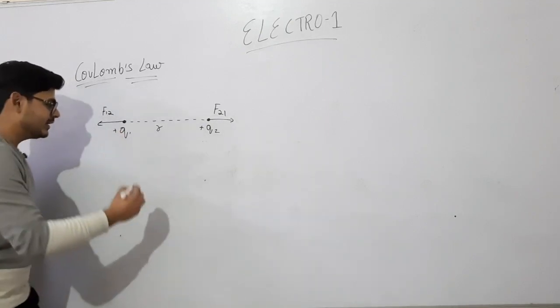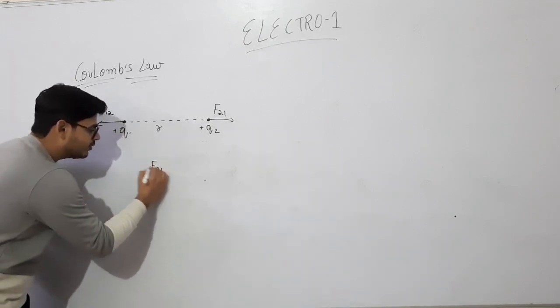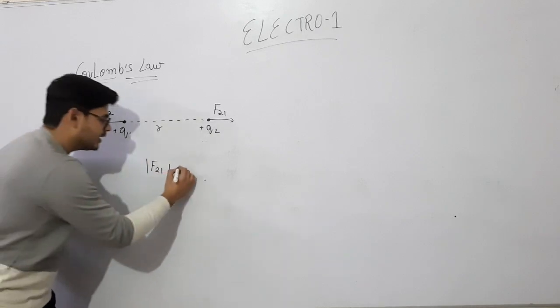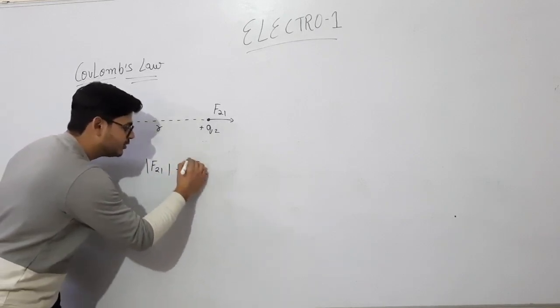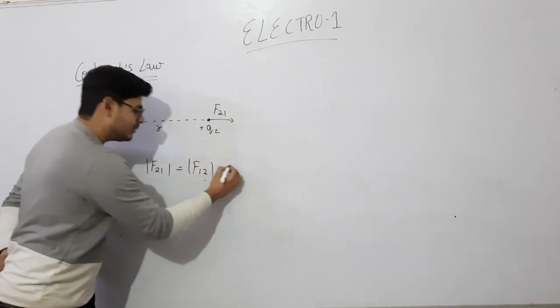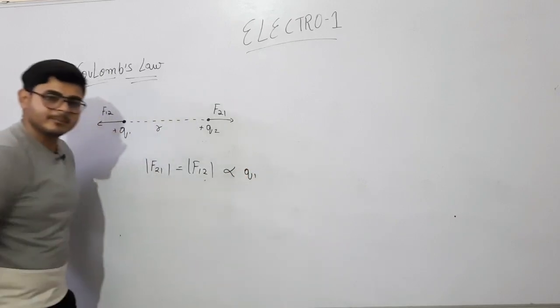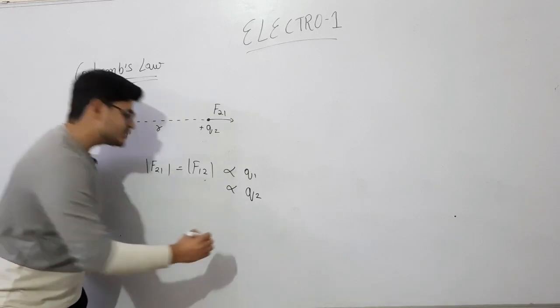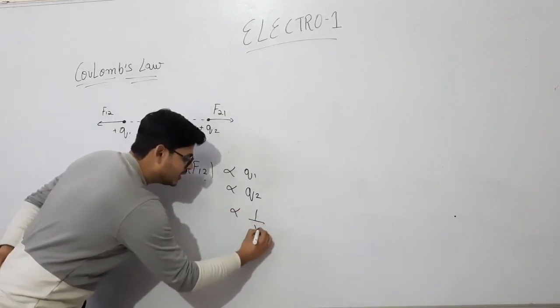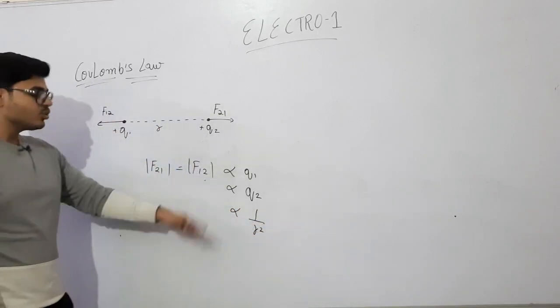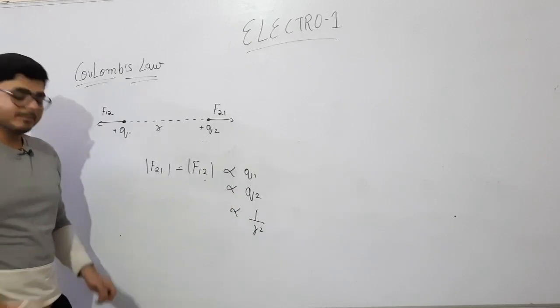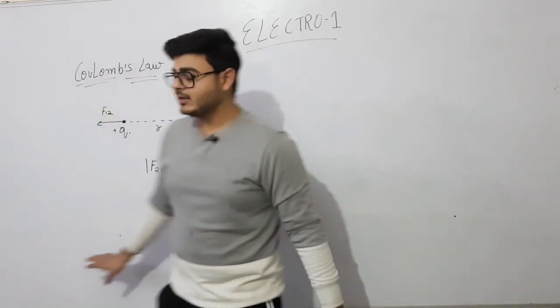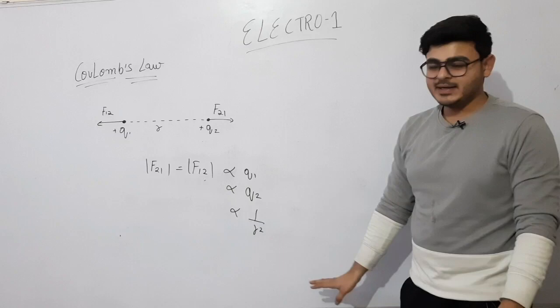So Coulomb's law gives us an idea. What idea is that? He said the magnitude of force on 2 due to 1, which is equal to force on 1 due to 2, is directly proportional to Q1, directly proportional to Q2, and inversely proportional to the square of distance between them. I hope it's pretty understood, right?